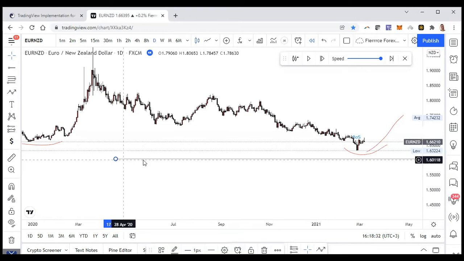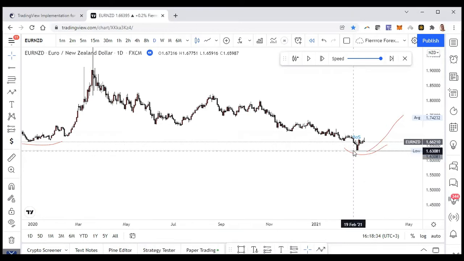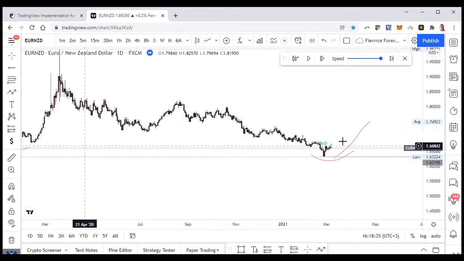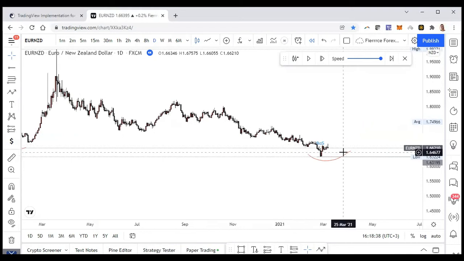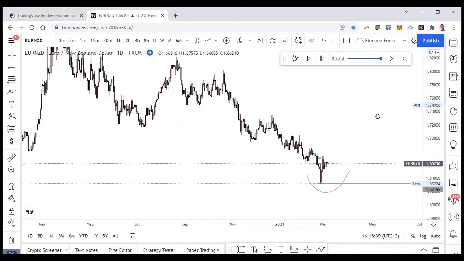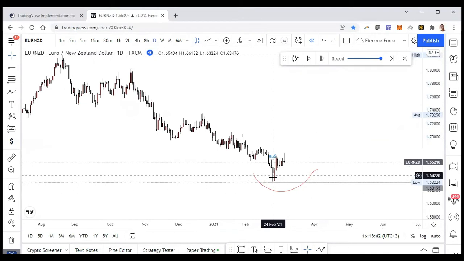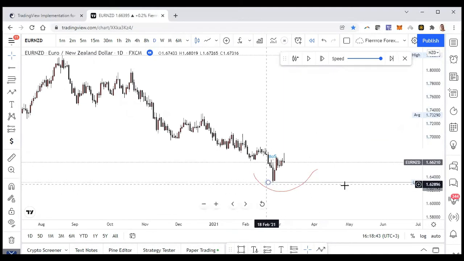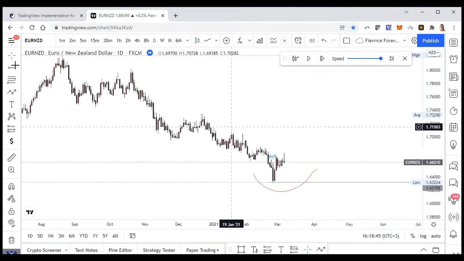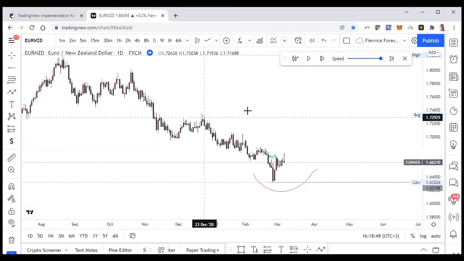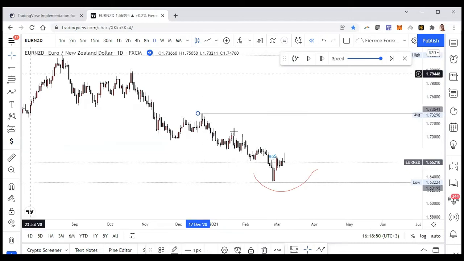Now, at a particular point in time, let me just delete this. Price came down, bounced off here, possibly the support, pushed up, and let's say we had a resistance up here. We also have another resistance up here.